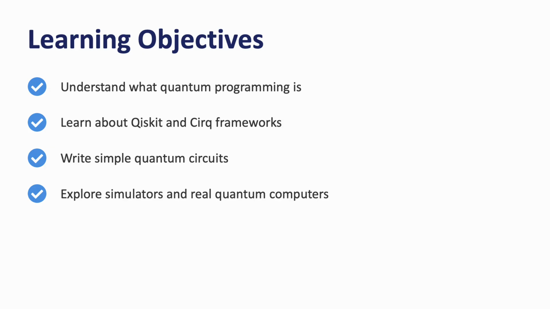We'll discuss how both Qiskit and Cirq connect to actual quantum computers in the cloud, so you can literally run your code on real machines. By the end, you'll have all the knowledge you need to get started on your own quantum computing journey.